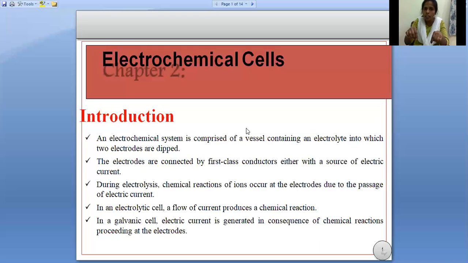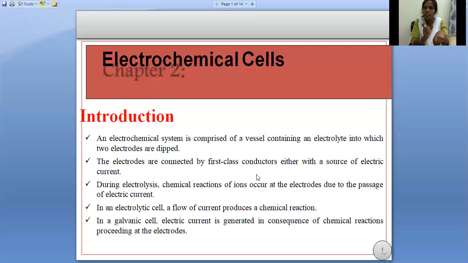Now these two electrodes are connected by first class conductors. That means these two electrodes must be the best conductors of electricity. And these are connected with a source of electrical current. So what is the electric source here?